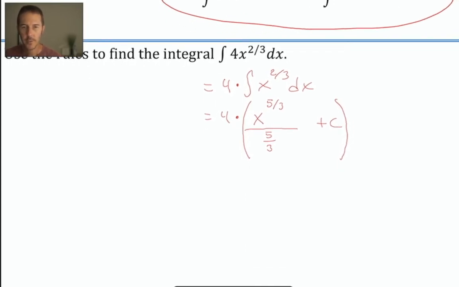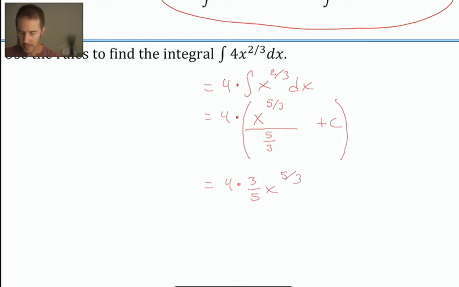Now I'm going to do a couple of things. I'm going to multiply the 4 into this first term where it says x to the 5/3 over 5/3. I'm also going to do a little quick keep change flip. So actually, let's keep the 4. Let's multiply that by 3/5 x to the 5/3.